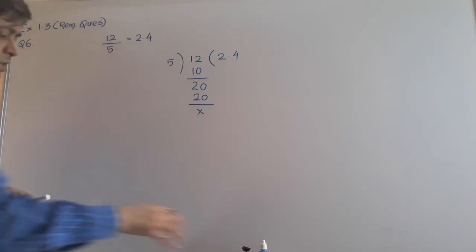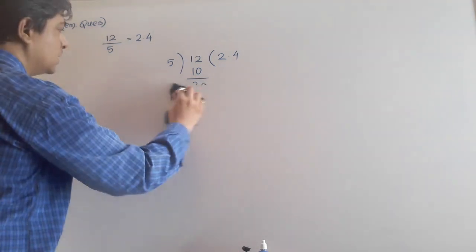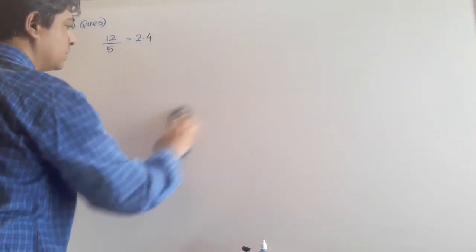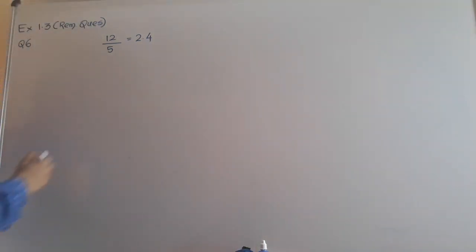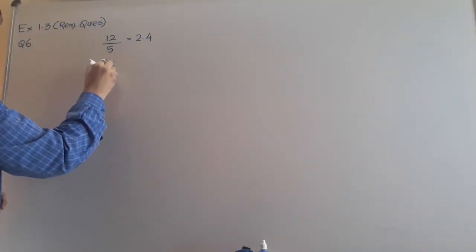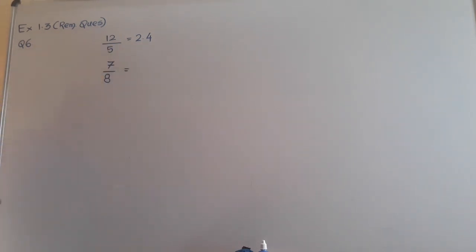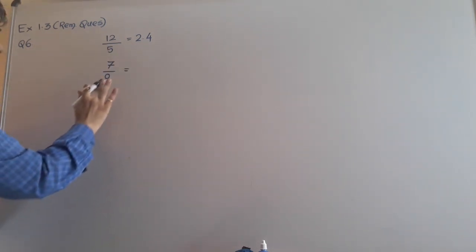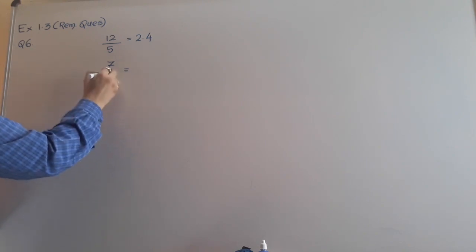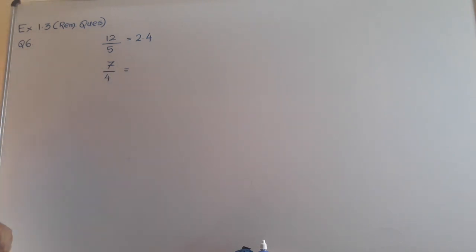Now suppose I take some more examples. Suppose I take 7 upon 8. Let's see what it comes to. Or if you want to take a little smaller one, suppose I take 7 upon 4, so the division will be more convenient.